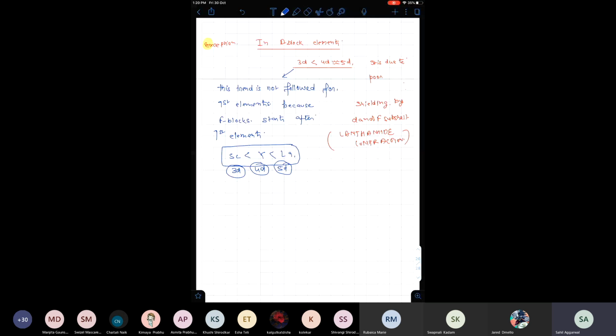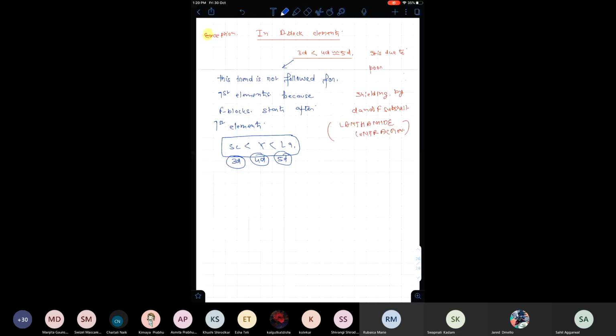Any doubt in this? These things should be very much clear to you. Then only we can deal with this electronegativity, ionization enthalpy. तभी पढ़ पाएंगे जब ये अच्छे से आता होगा. Otherwise it won't be possible.